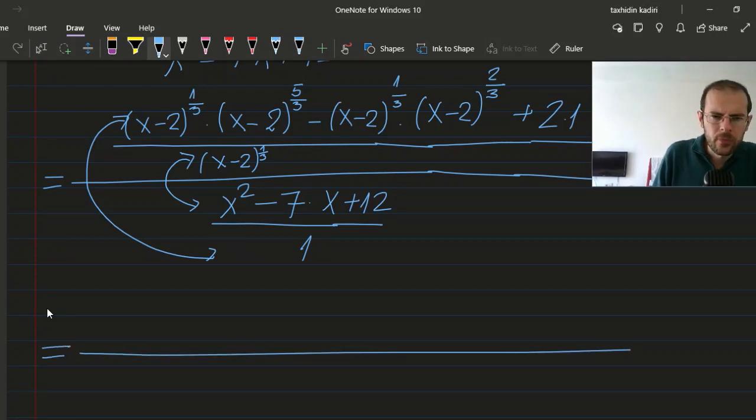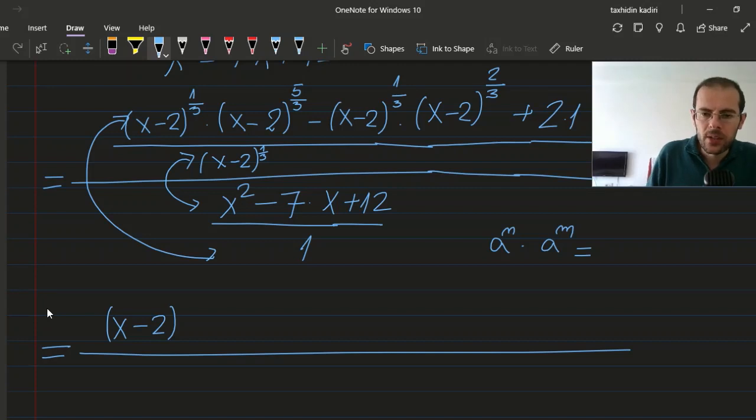Now 1 multiplied by this, it will be the same. Can you see here? I will write one formula, a to the power of n and a to the power of m. When this base is a and this base is a, the base is the same, we can write this base and the exponents will be added, n plus m, and this is the formula.